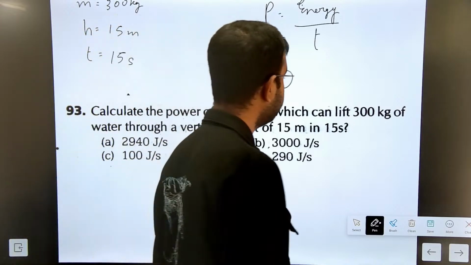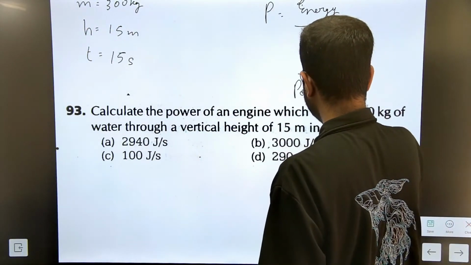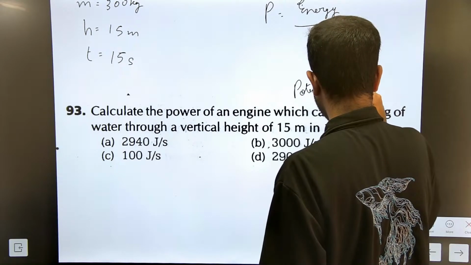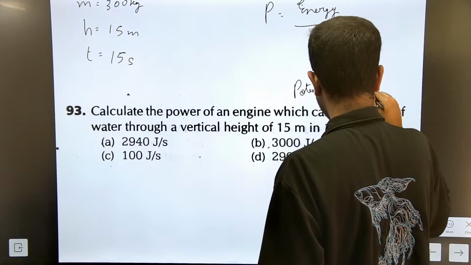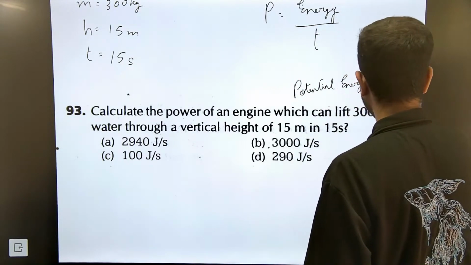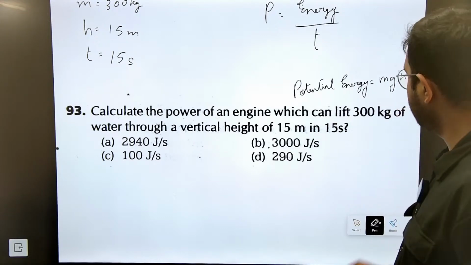So what is the formula for potential energy? The formula for potential energy is m into g into h. What is m? m is the mass.